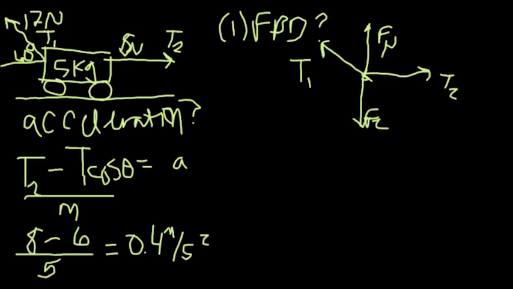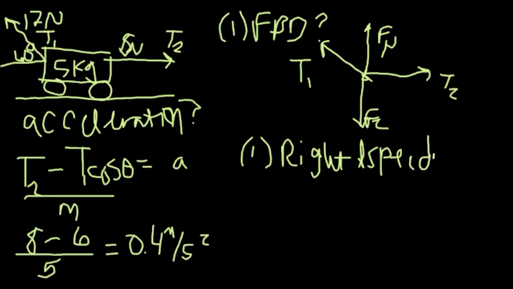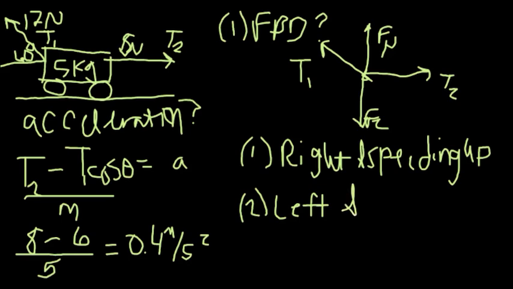Alright, now I did this problem for a reason too. This does not mean the car is moving to the right. We have two options to describe its motion. One, we could say it's moving to the right and speeding up. But that is not the only option. It could have an initial direction of motion to the left with an acceleration to the right and slowing down.